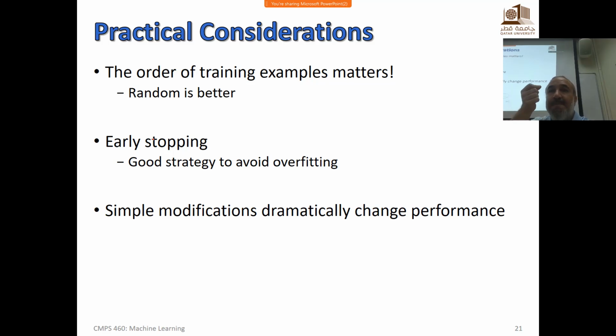So sometimes simple modifications with one example might change the model dramatically and might affect the performance on the previous examples. Okay? But we actually changed the model and we don't have any record of the previous models. We just changed the model because of one mistake.